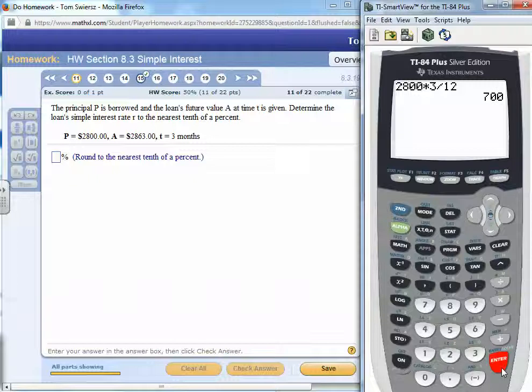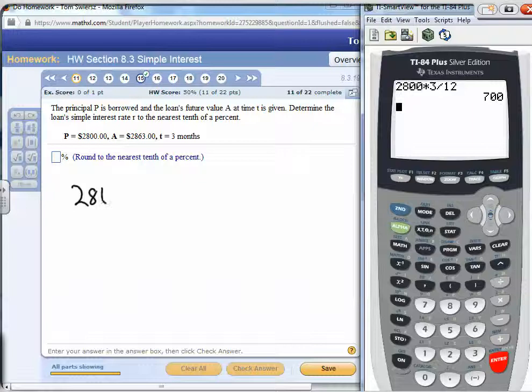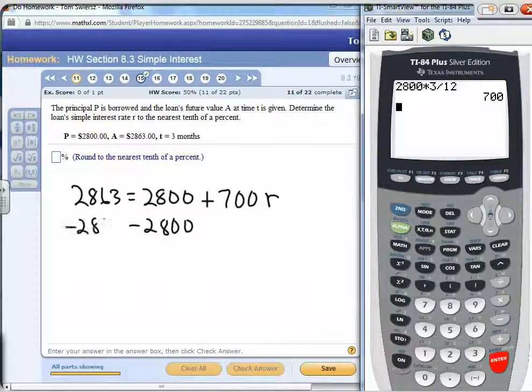So now what do we have? 2,863 equals 2,800, distribute the 2,800 times 1, and then 2,800 times the 3/12 is 700 times the R, because we had the R there. So now we're going to subtract 2,800 from both sides and get 63 equals 700 R, and divide by 700.